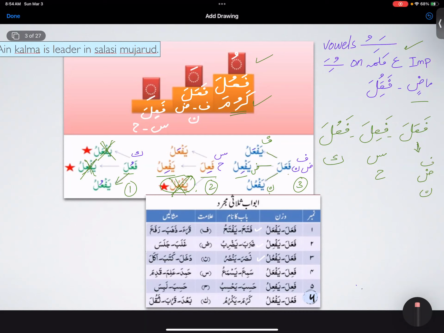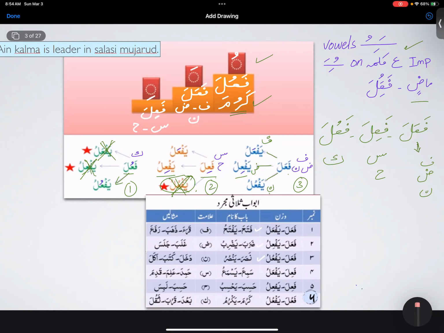If you search hasiba or yahsabu, you will see all these variations used in the Quran Pak, and mostly it is yahsabu. That way it will be the samia yasma'u family. Exactly.